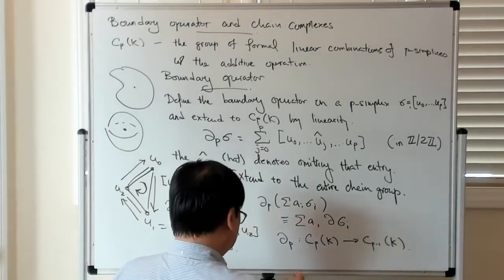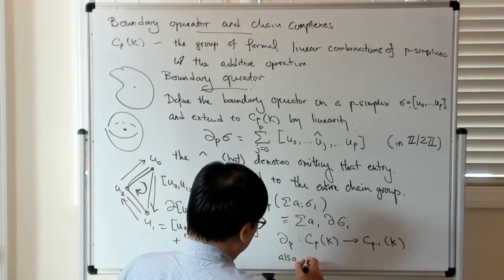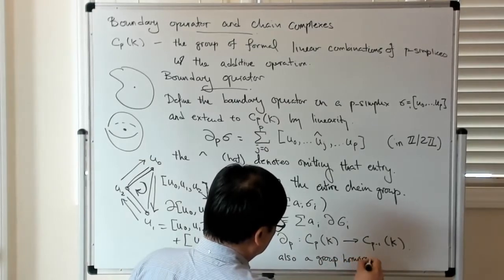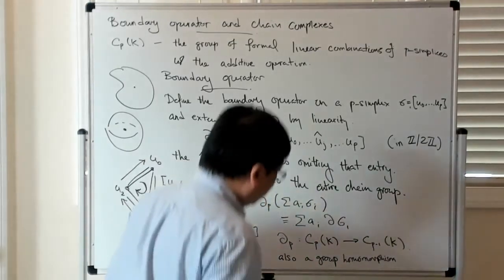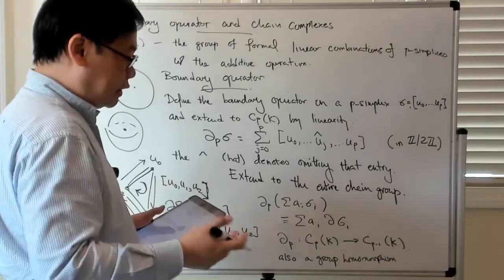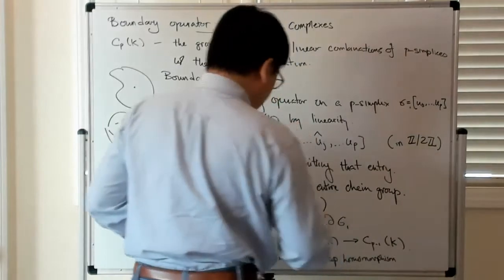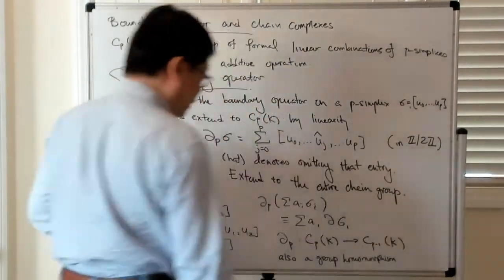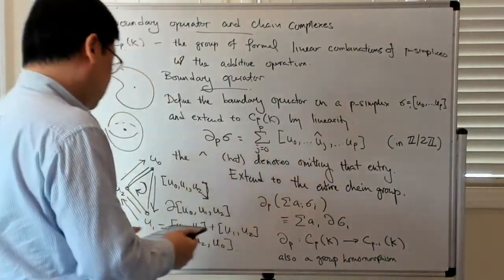And it has the property that it's a group homomorphism, which is to say that the boundary of a sum of chains is equal to the sum of the boundaries of the individual chains. So the addition operation on the appropriate chain group commutes with the boundary operator.